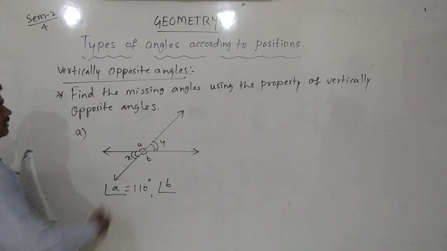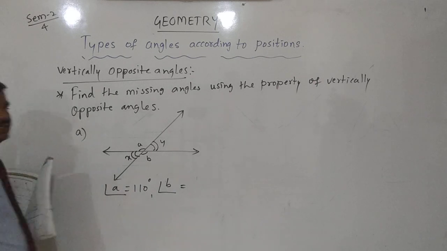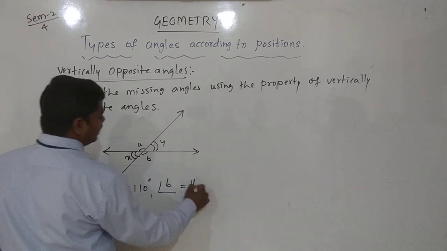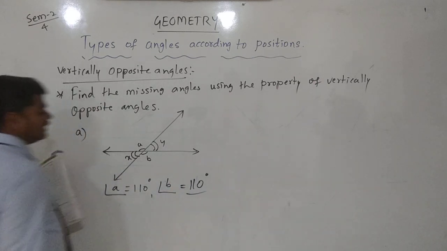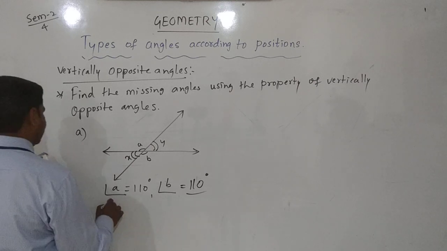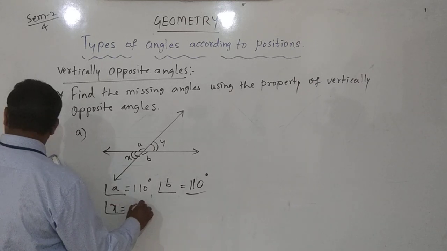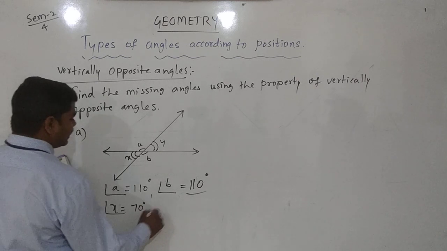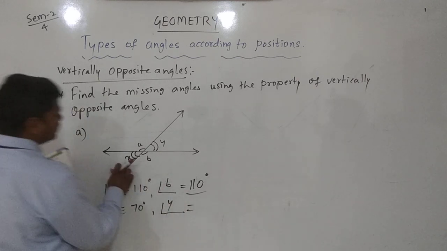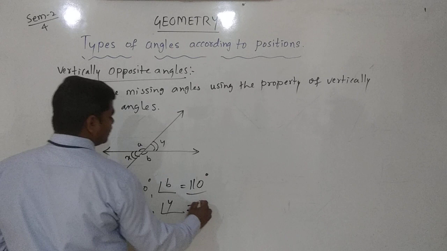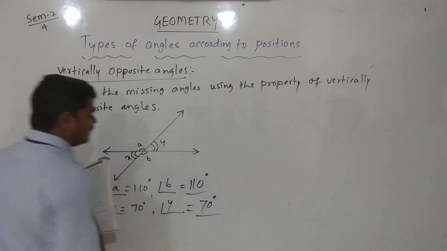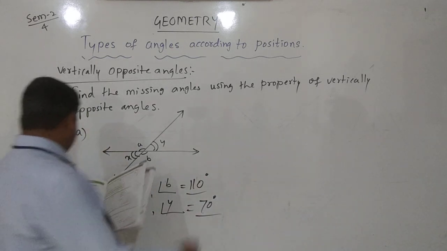Then you can write these two are equal, because vertically opposite angles are equal in measure. Then B is equal to 110 degrees. Here angle X is equal to 70 degrees. Then find Y. X is 70, and opposite to this one, that is also 70. Very simple.